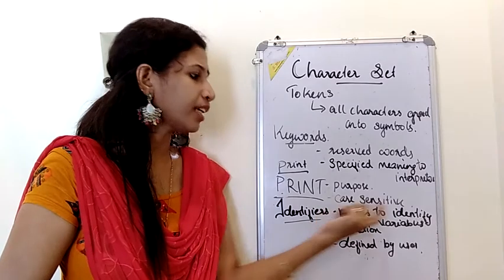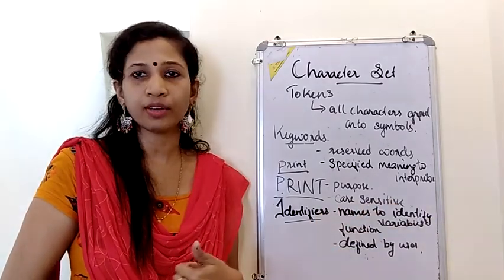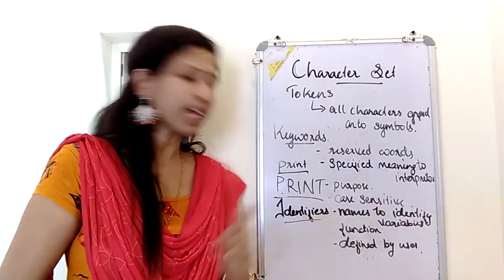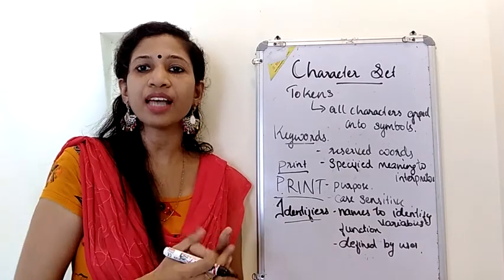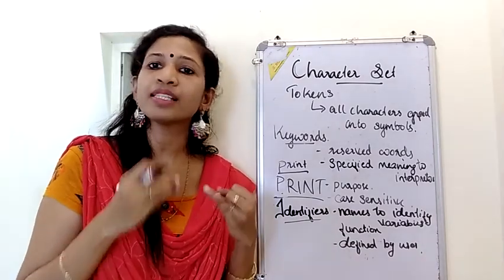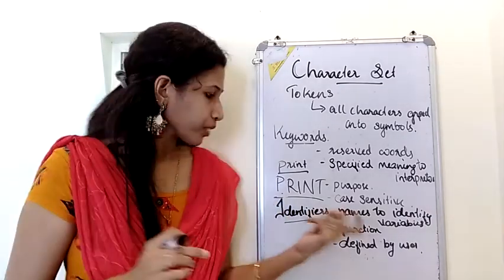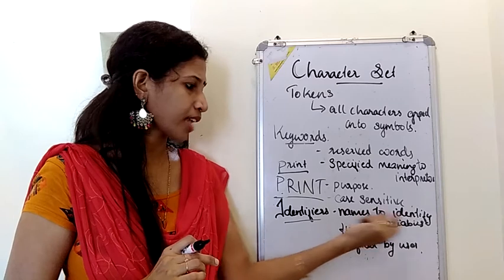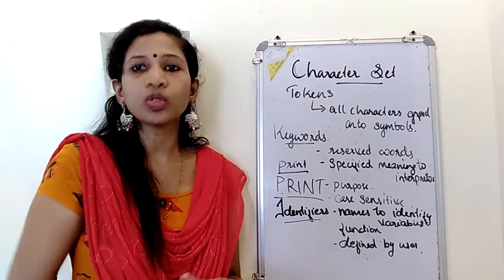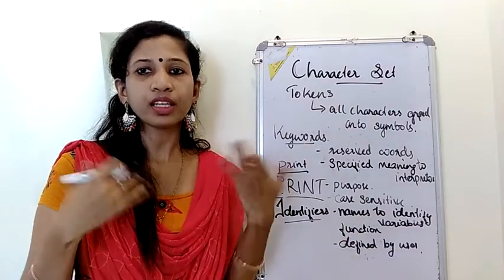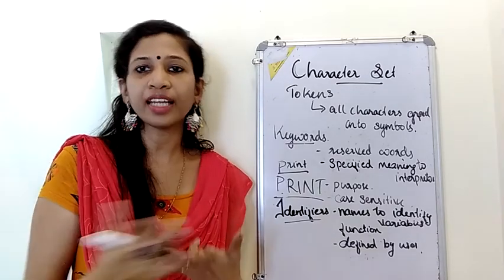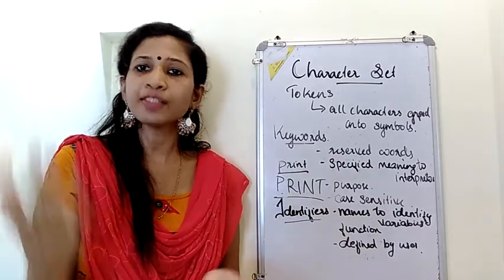So we need names for identifying variables, and those names are called identifiers. Identifiers are the names of variables, functions and other components in the program. These names are defined by the user; you can give the name as you like.